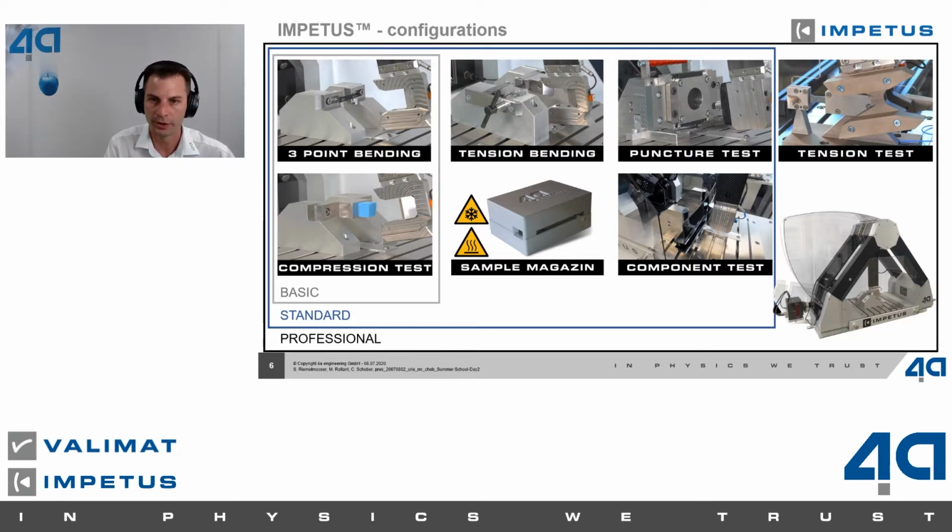In addition, we have the standard package with some additional testing. Main focus is here for the failure and the damage to investigate this later on in the material card. The latest invention is then the professional package with additional information out of the dynamic tension test.